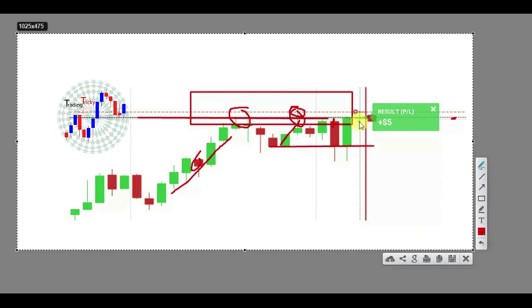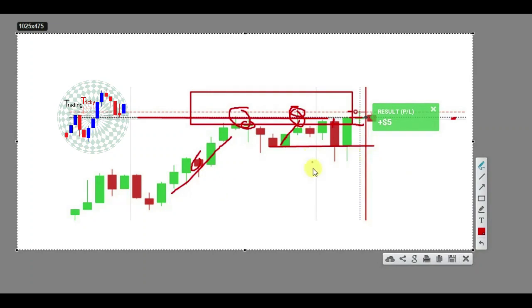That's the reason I didn't go with buyers from this level, and didn't go with sellers from this level immediately. I just waited for confirmation. I can go with buyers if I get confirmation here, and I can go with sellers if I get confirmation at least a little above, because there can be a small candle something like this.